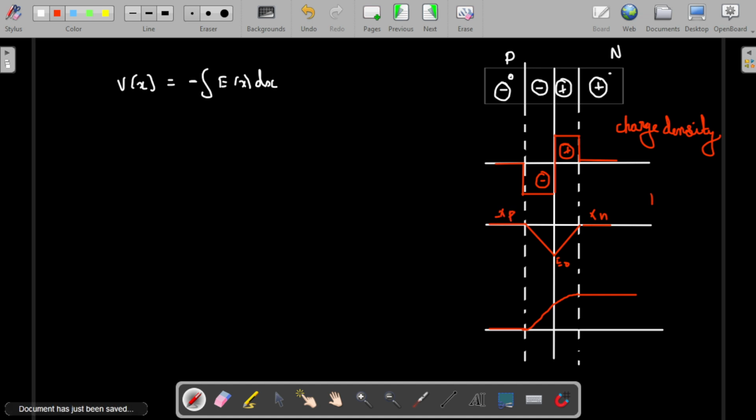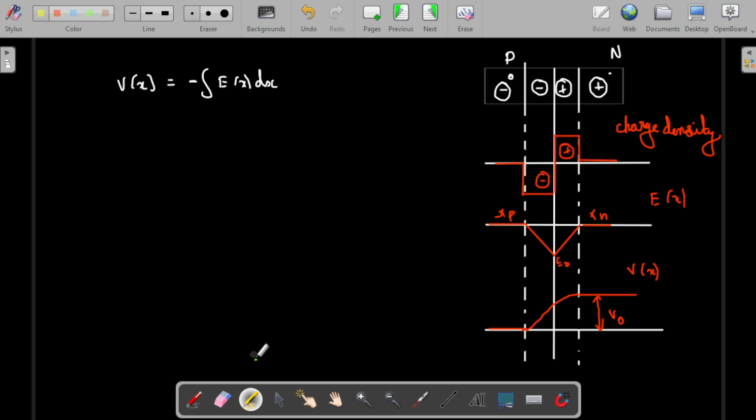This is the electric field E of X, this is V of X, the potential. The difference between these top two is V0. So this is the potential that is developed. We already found this value also. Okay, so I think we have covered everything: we have found the charge neutrality, density, everything, but the only thing left is that we need to find V of X.